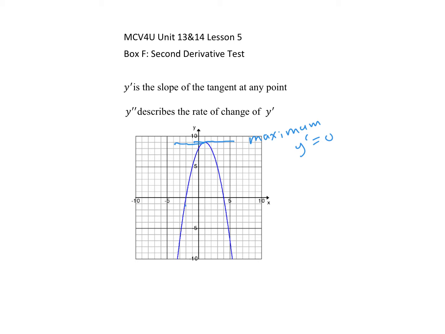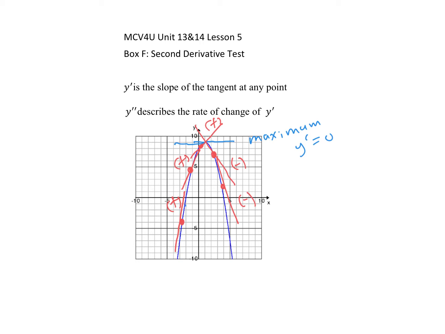If I pick a point here and draw the slope of the tangent, I have a positive slope. If I pick a point here, it continues to be positive. Once I pass that turning point, if I pick a point here, now my slope is negative. If I pick a point here, my slope is negative, and so on.